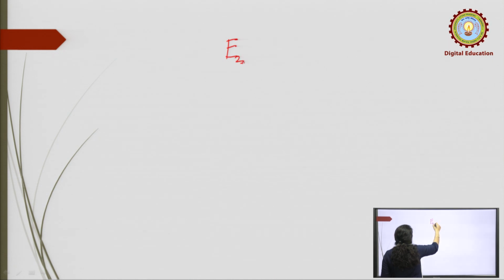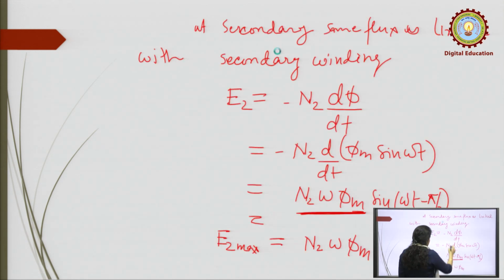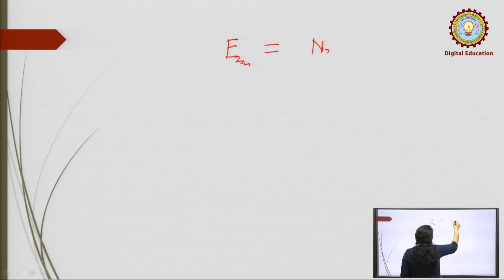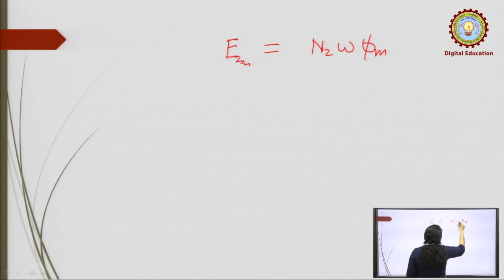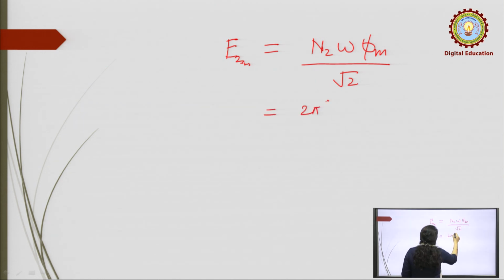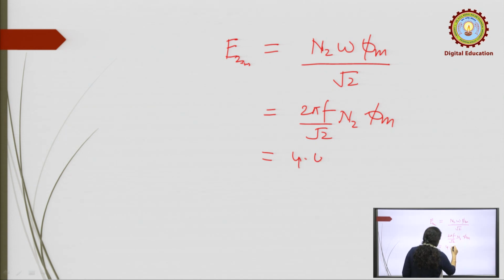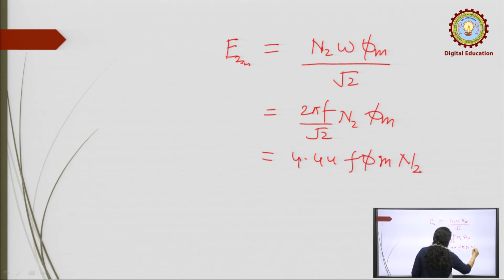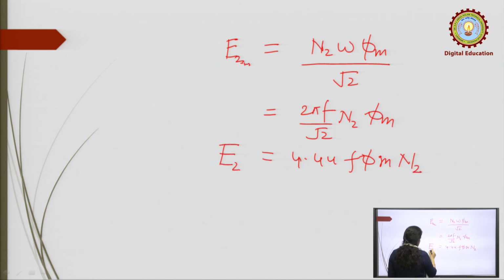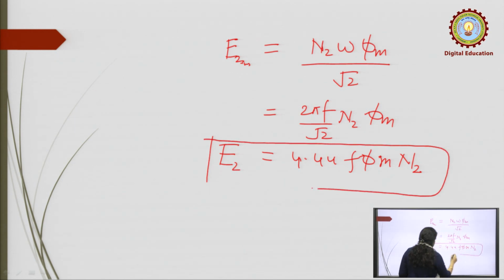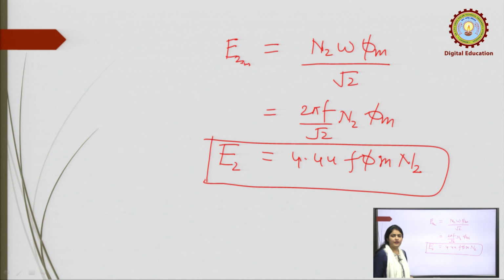So, E2 RMS becomes N2 omega phi m divided by root 2. So, it becomes 2 pi f divided by root 2 times N2 phi m. So, it becomes 4.44 f phi m N2. This is the E2 RMS voltage induced in the secondary coil.